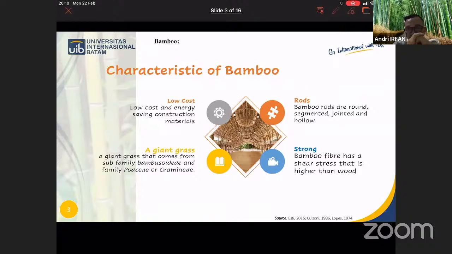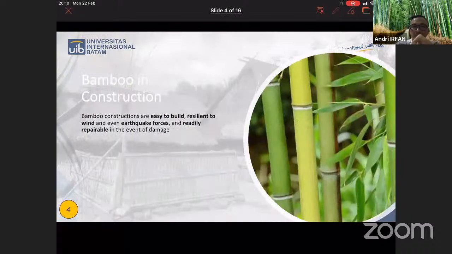The benefit for the structure from bamboo is that it is segmented, jointed, and hollow, and I will try to clarify this benefit. Sorry, I forgot: bamboo is very strong.